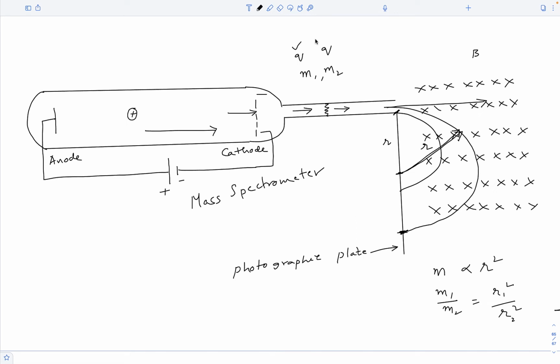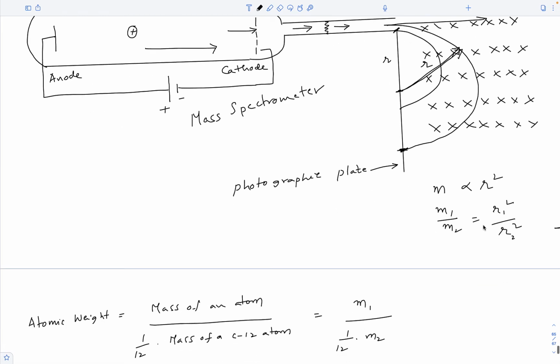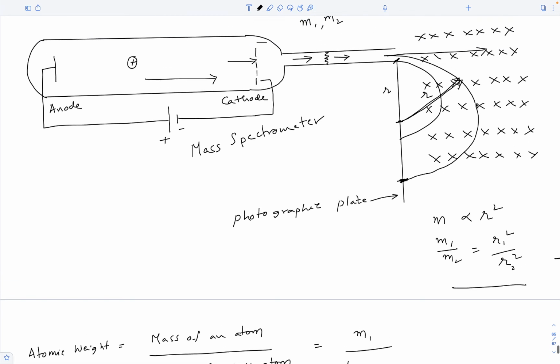That is, they are carrying the same amount of charge, passing through the same magnetic field, etc. So we have a relationship between the ratio of their masses and the squares of the radii of the semicircles they make in a magnetic field.